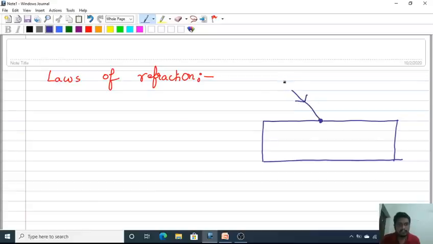This is the ray of light incident on the transparent medium, and this is the normal to the surface.